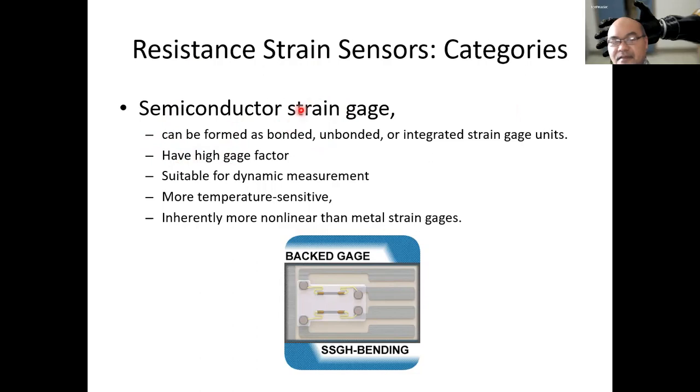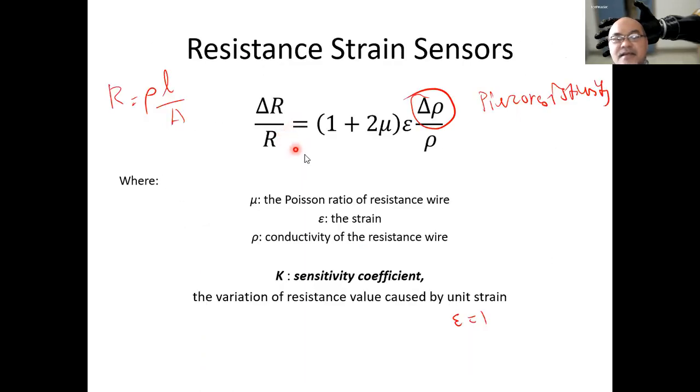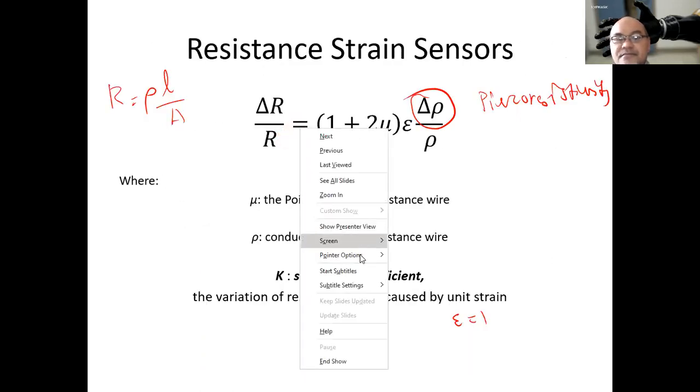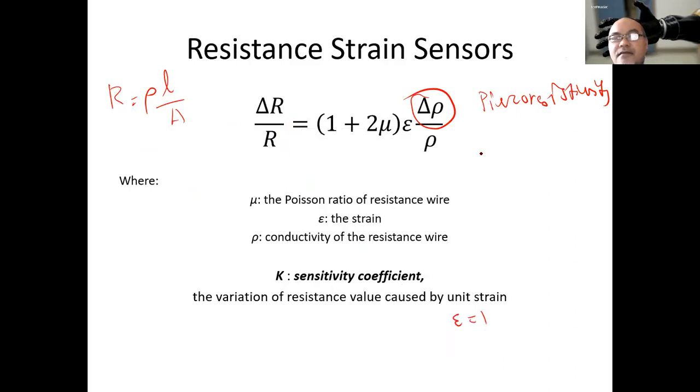So I should explain here that in a resistance-based strain gauge, we have the strain epsilon, which is delta L over L0, and we have delta R over R. This is the response which we are measuring, delta R over R, or R minus R0 divided by R0.